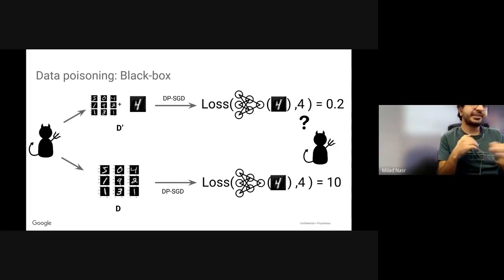And the idea here is that if the model is trained on that specific example, the loss would be low. If it's not, the loss would be much higher than a normal MNIST sample. This is an easier way of distinguishing this.